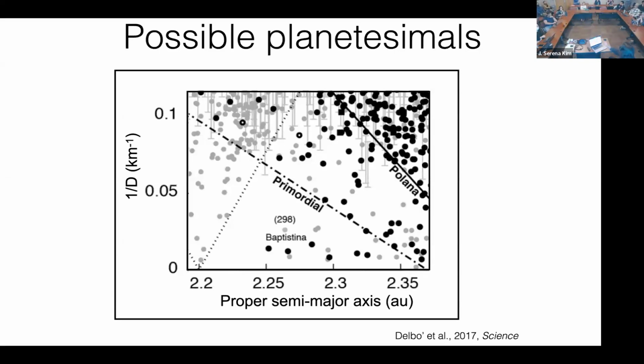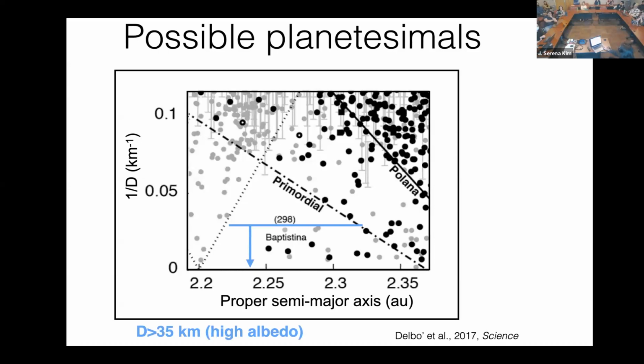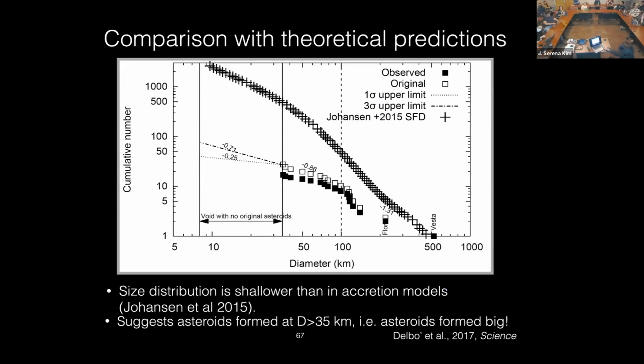So if we show all the asteroids, regardless of their albedo, we'll see that for the high albedo asteroids, this void starts at around asteroids larger than 35 kilometers. And for the low albedo asteroids, it starts for asteroids with a diameter of 50 kilometers or larger. If we model the effects of dynamical depletion and collisional evolution, we can set an upper limit on the initial size distribution of those planetesimals inside that void triangle.